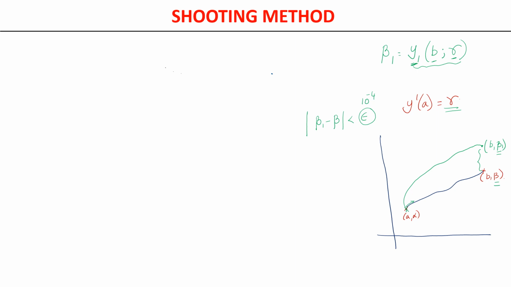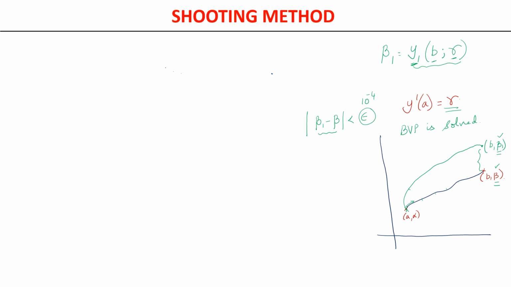So if the difference between the number that we achieved and the target given to us, that is beta, is less than 10 power minus 4, then the BVP that we are solving is completely solved. We have reduced it to an IVP, and we are getting all the corresponding points between A and B. So the problem is easy.